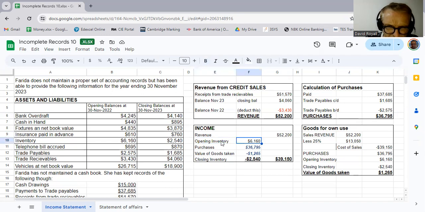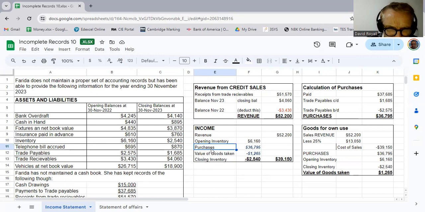So what was the opening inventory? Okay, well, we've got a figure here of 6,160. Look carefully, where did that come from? So sales revenue, opening, and what about the purchases?